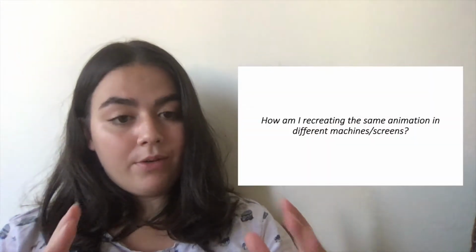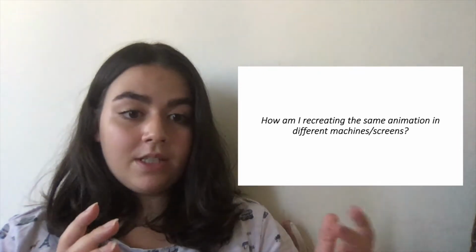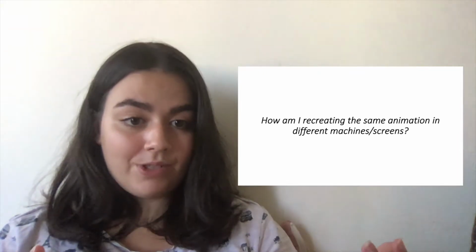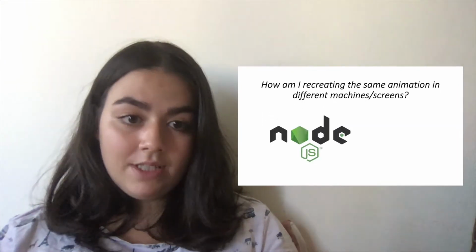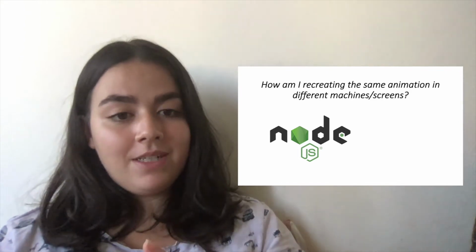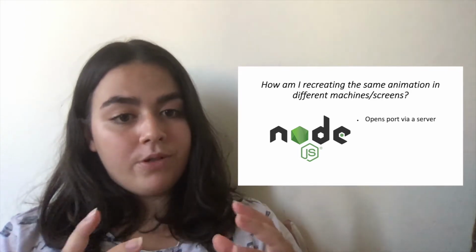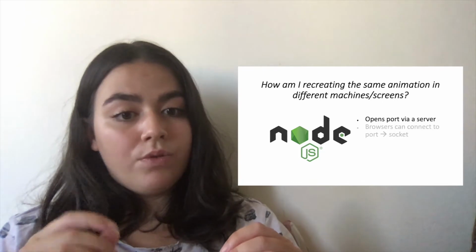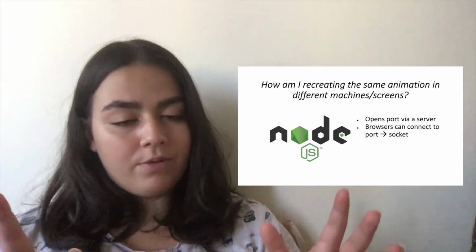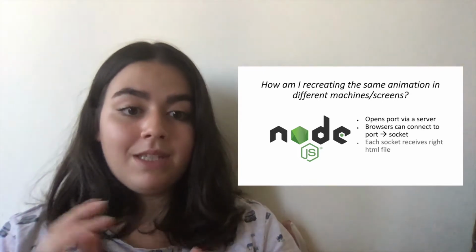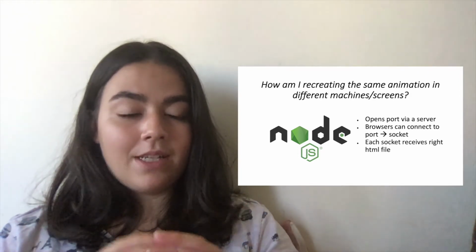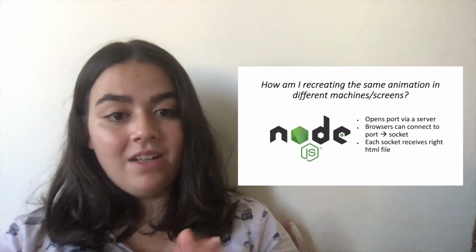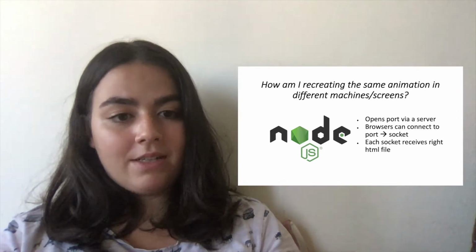Then the second most important part of the technology used in my project. One of the first challenges is, how am I going to be able to recreate an animation in all machines? How am I able to run an animation in all machines the same way? My mentor recommended Node.js. Node.js is an environment to be able to open a port, and for any new browser that connects to that port, which would be a socket, it will be sent the appropriate HTML with all the JavaScript files, and it will be able to run that JavaScript file for anybody that connects to that port.